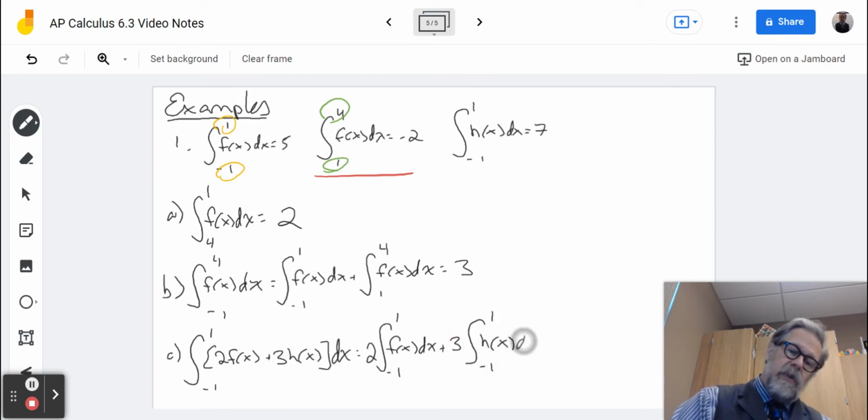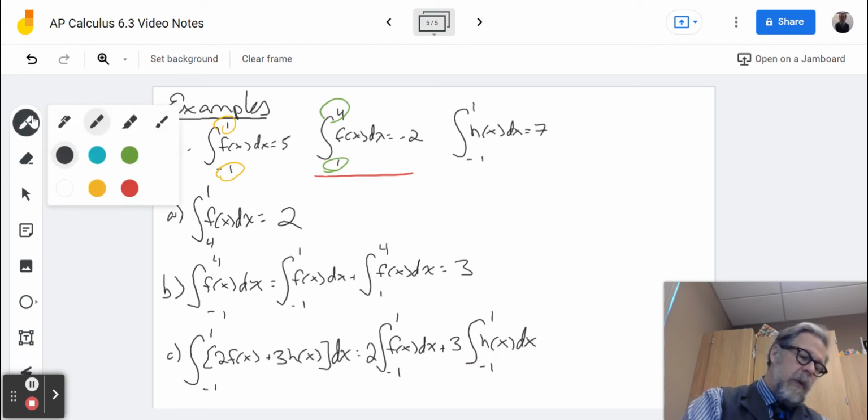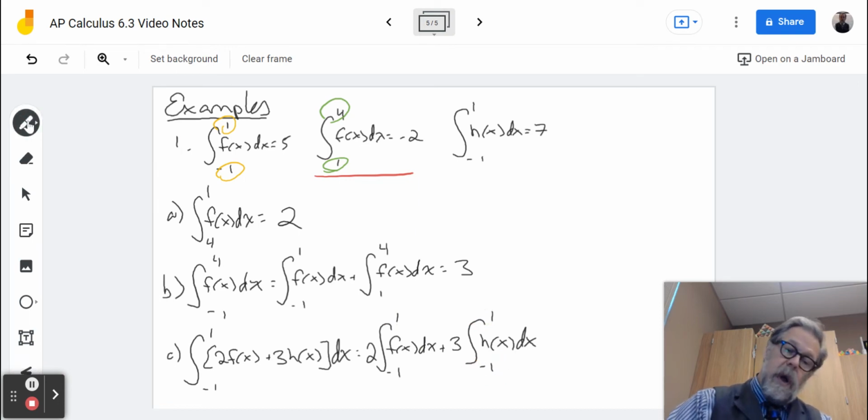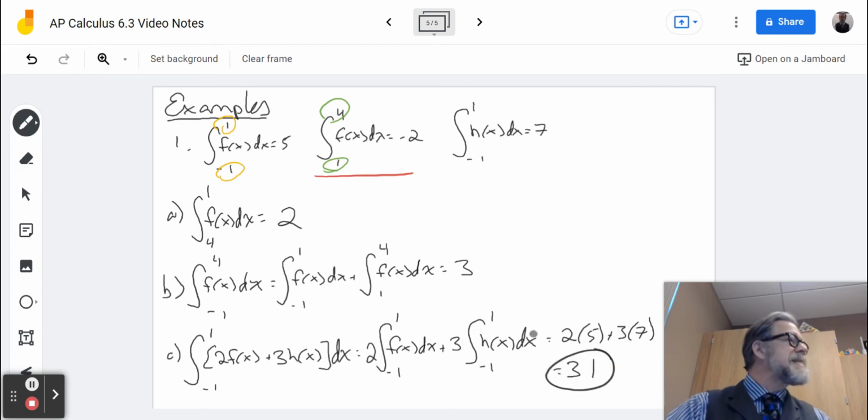And notice that this only works because the limits of integration are the same on both functions. If they were different limits of integration, you would not be able to do this. So now I've got 2 5s plus 3 7s, giving me 31.